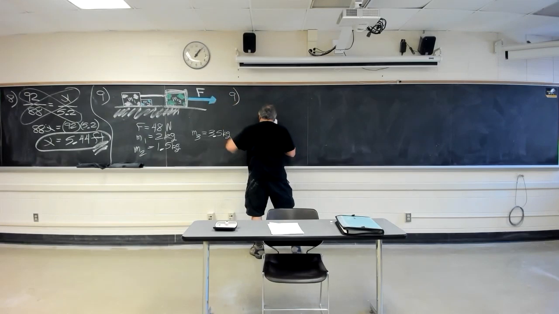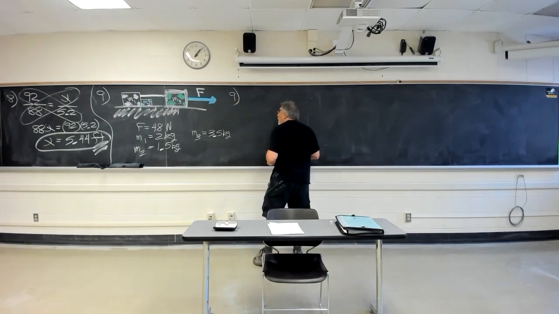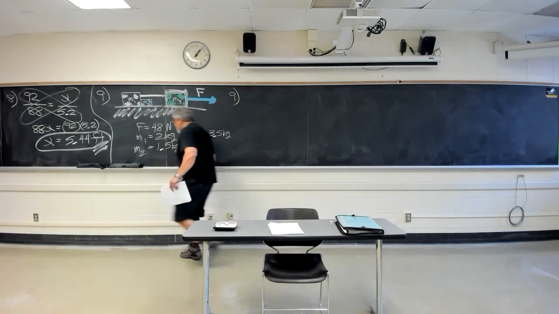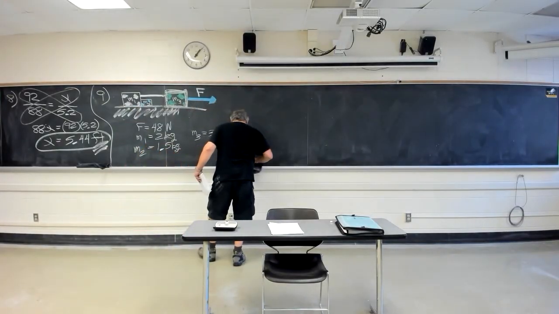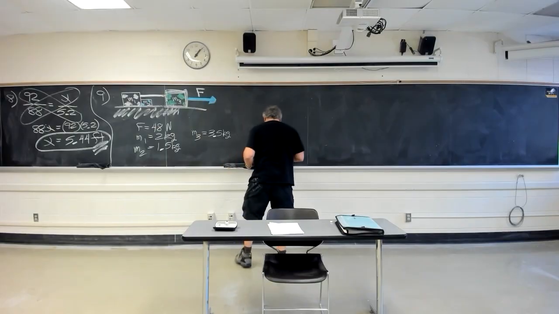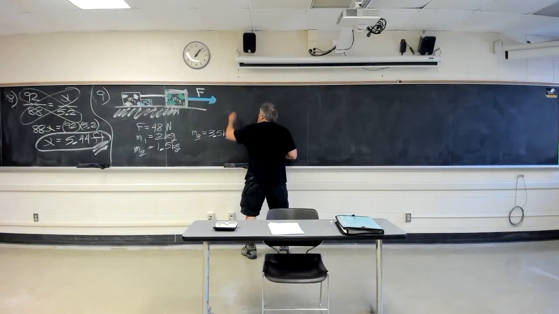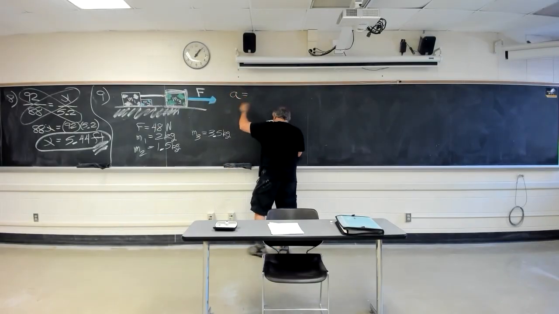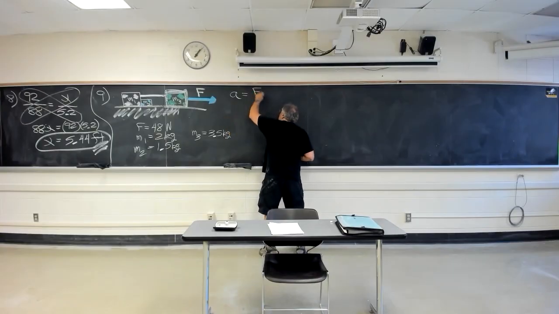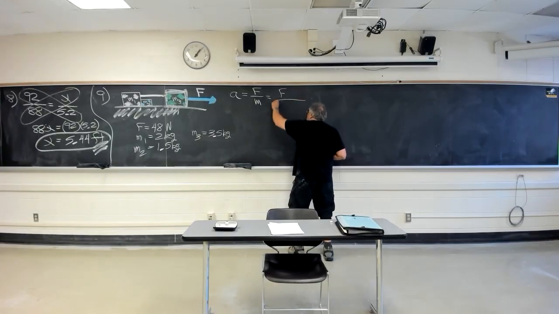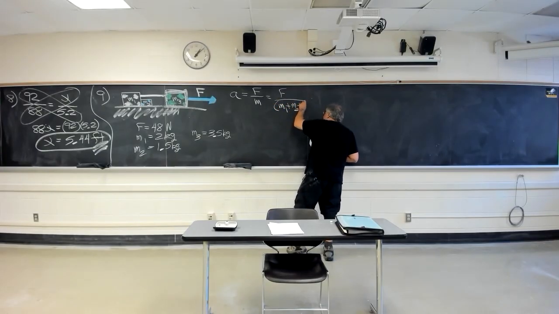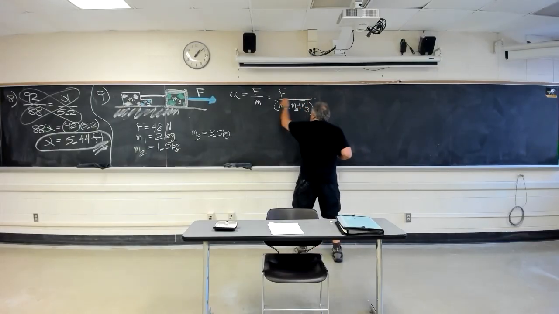Let's see what we have here, guys. So what you're saying is, essentially, the acceleration of all 3 of these is the force divided by the total mass. The total mass is the sum of these 3 masses. Sounds good to me.